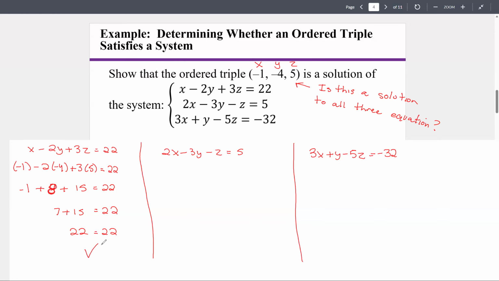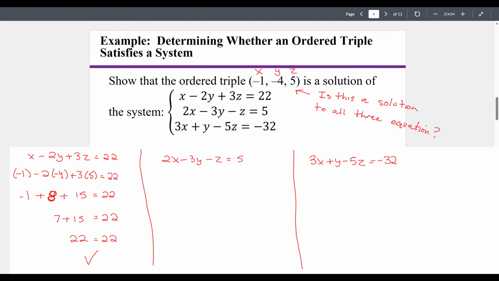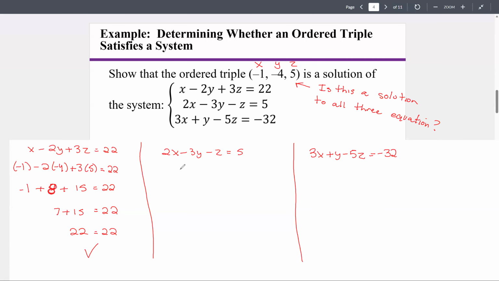So we found that this point is a solution to x minus 2y plus 3z equals 22. So in the next equation, 2x minus 3y minus z equals 5, we have 2 times negative 1 minus 3 times negative 4 minus 5. And we want to know, is that going to equal 5?